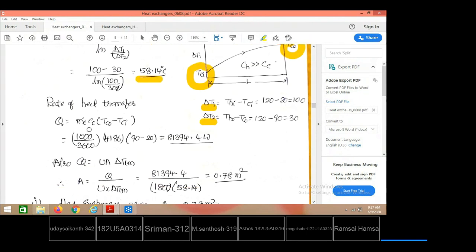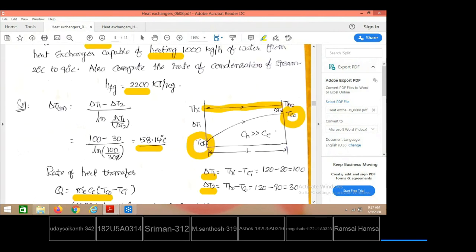Then the rate of heat transferred: the heat lost by the hot fluid is m dot into hfg, since phase change has taken place. The cold fluid is simply increasing its temperature. Therefore, mc dot cc into tc naught minus TCI equals m dot into hfg.